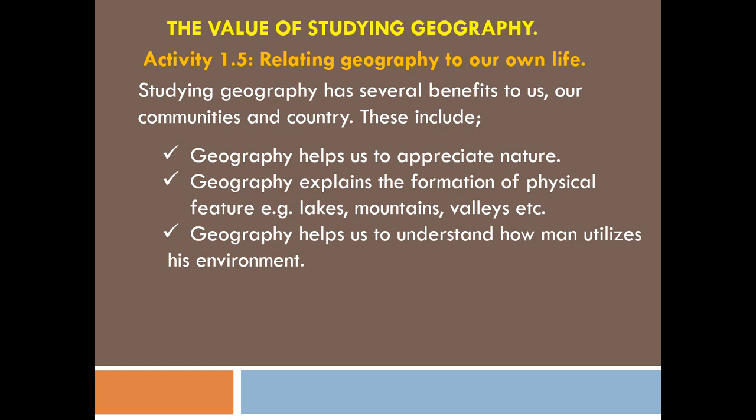How does man make use of the lakes? In one photograph, people are catching fish from the lakes. Then there are boats. People are using the lakes for transport. So we can understand how man can utilize his environment in the areas where he is found.